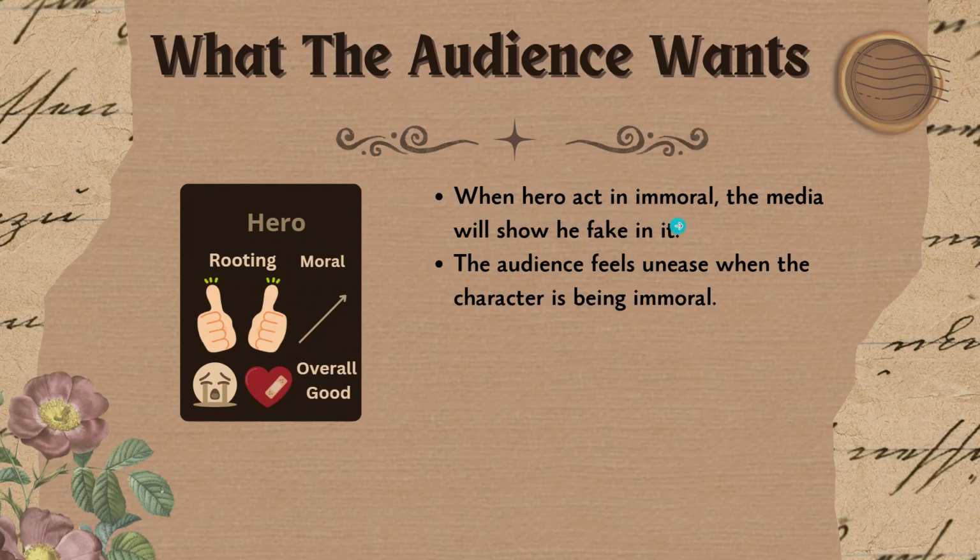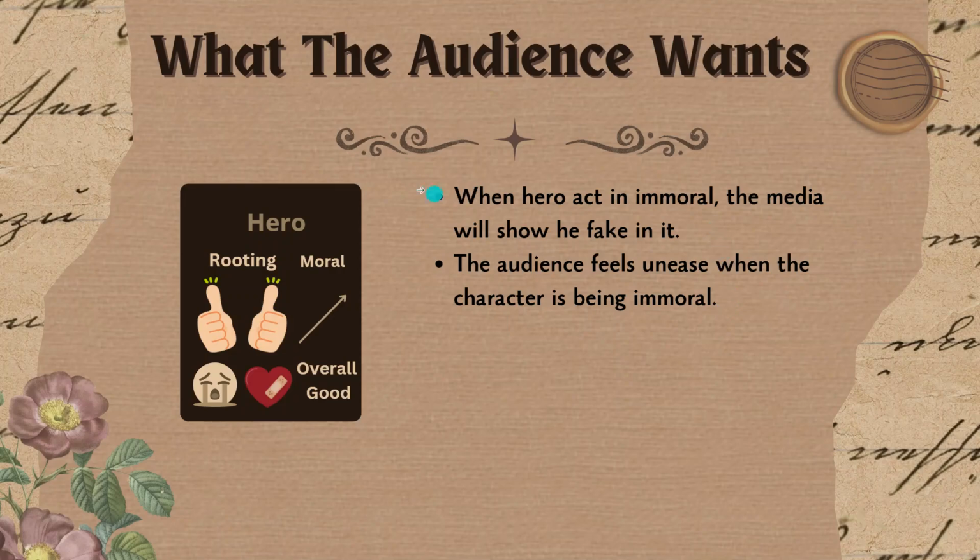When the hero acts immorally, the media, the book, the movie, everything, will show he's faking it, and the audience feels uneasy when the character is being immoral. Sometimes in the story he does something bad and while we're watching the movie or reading, we think, what? That's not his character. Then later we find out he's faking it.